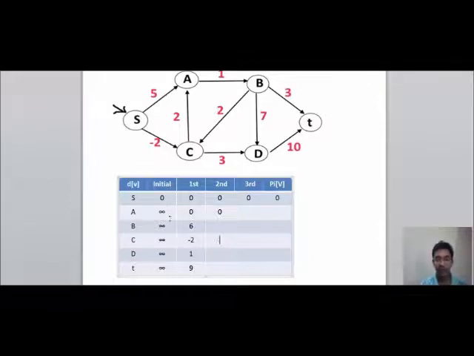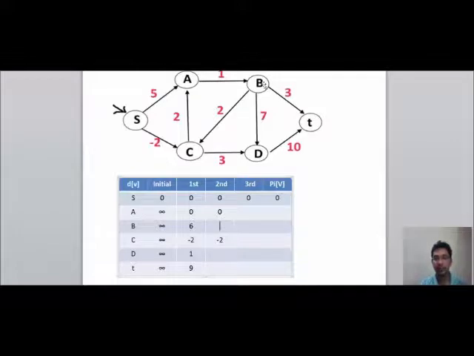Then C has the value of -2, and S has the value of 0, so -2 is not greater than -2, it is equal, so we can stick with the same value.